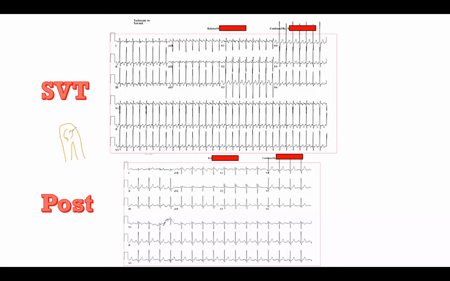the retrograde A's, remember that when you're in AVNRT, the reentry is occurring here, and the atrium and the ventricles are depolarizing passively from the reentry that's occurring just above the level of the His bundle in the AV node.